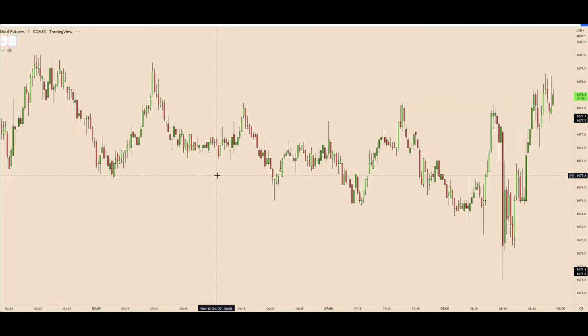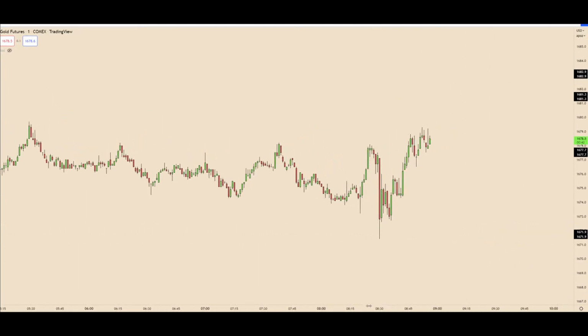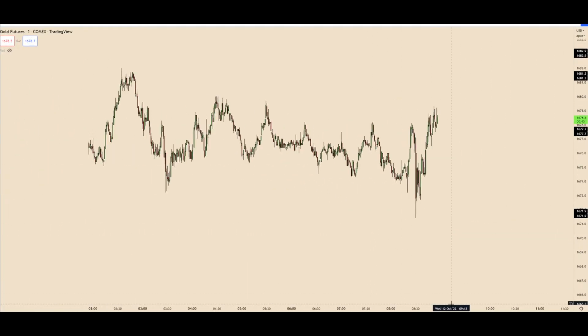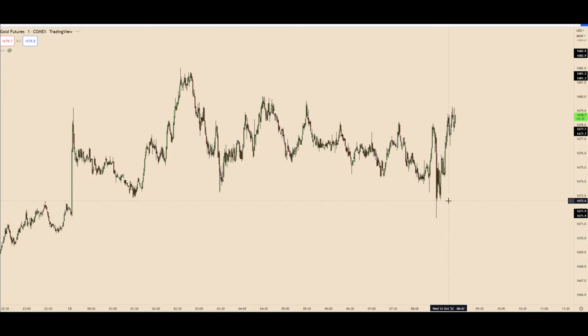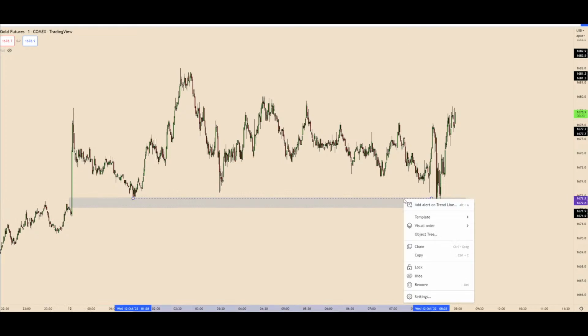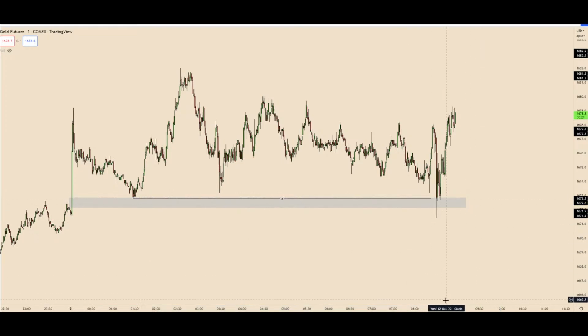I mean, gold should be going up, right? Makes sense. This is your little inducement model, right? Aggressive move higher. There's your fair value gap, right? Gets mitigated by these lows. Runs these lows.